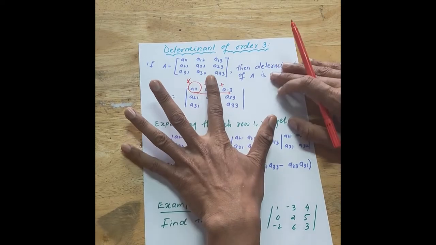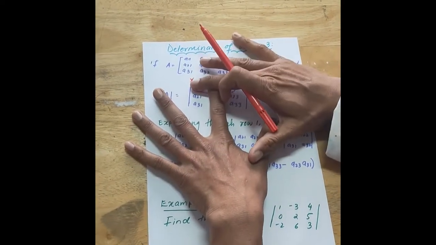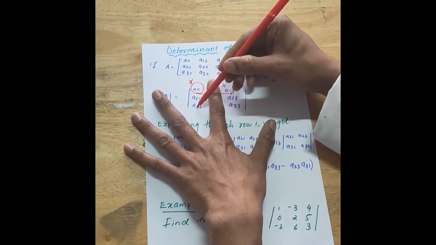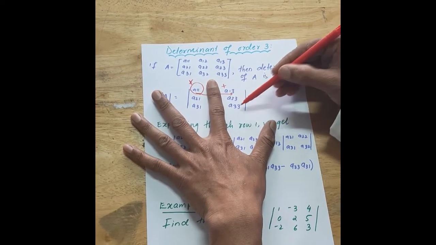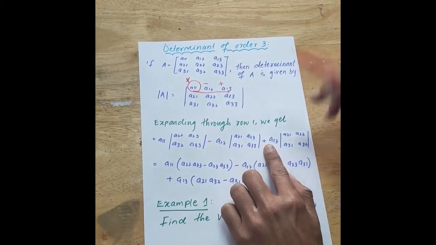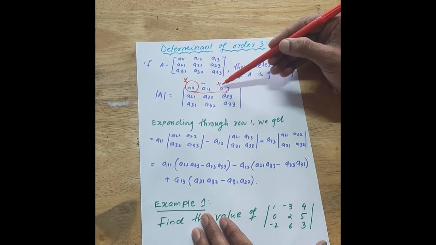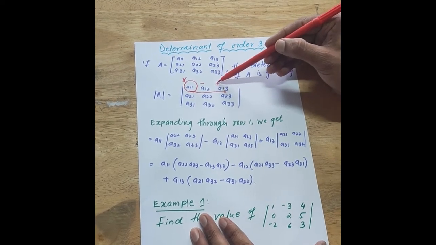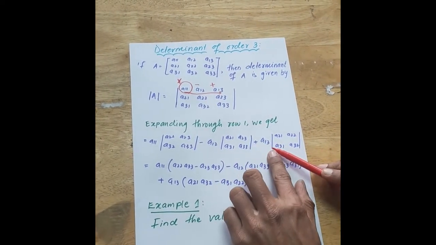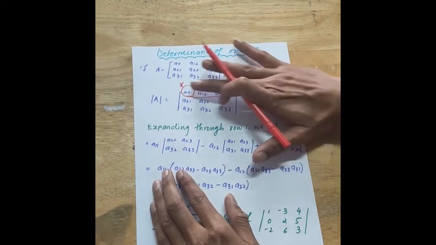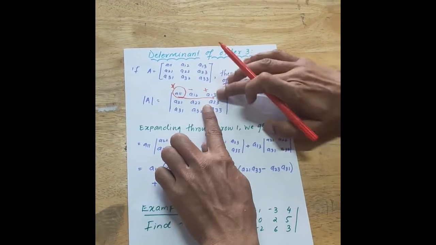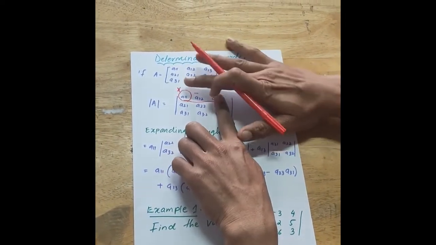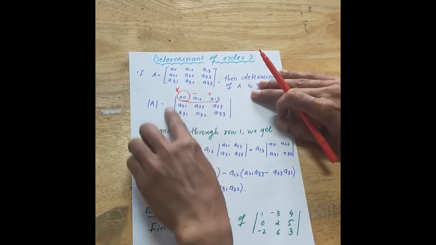Again you cover the second column, first row, so the elements remaining here are a21, a31, a23, a33, you write them here, plus. Now a13. What is the sign here? Plus. So plus a13 here, then you cover this element, which is touching the third column, first row. What are the elements remaining here?